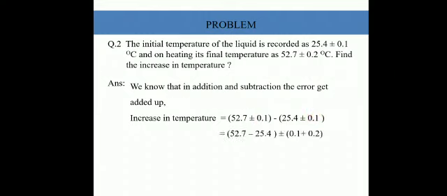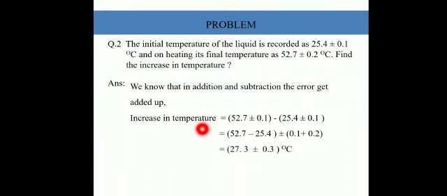Now the absolute value is 52.7 minus, so this minus sign subtracts only these two values. Fine, and the error gets added up separately. So we have 52.7 minus 25.4 with an error of 0.3 degrees Celsius.